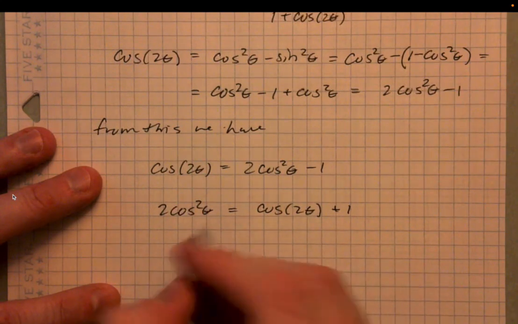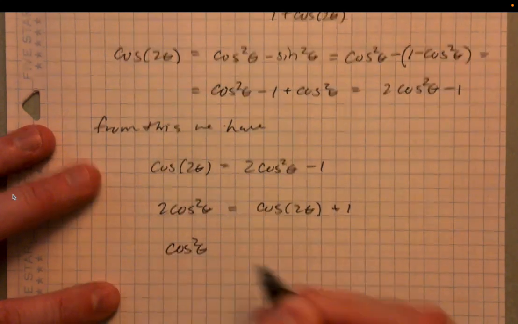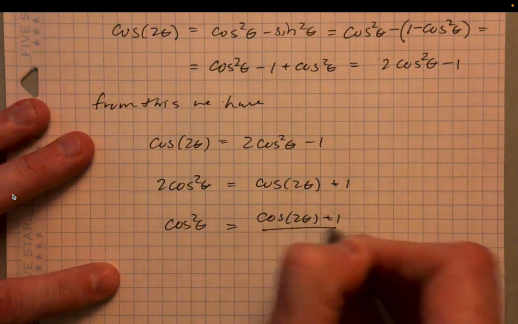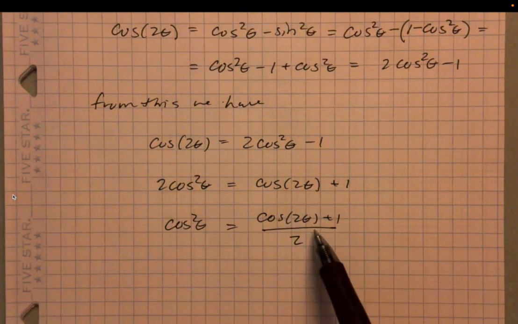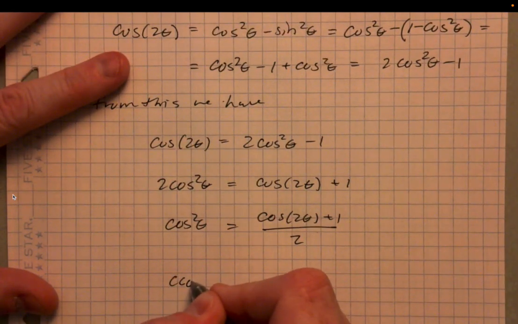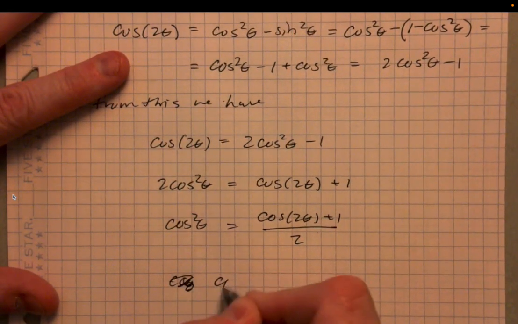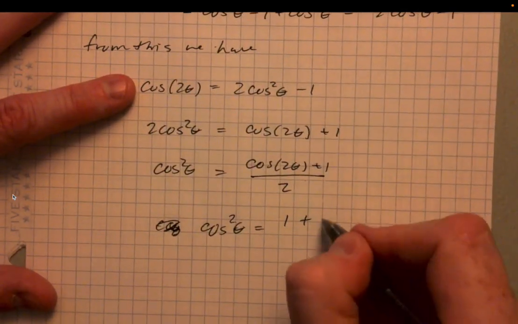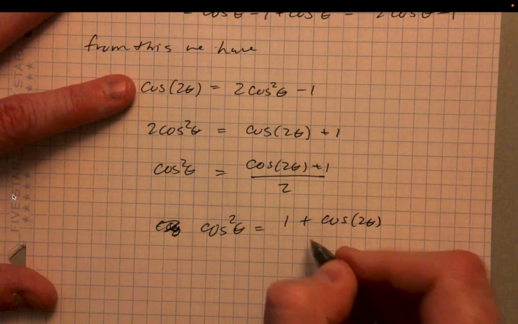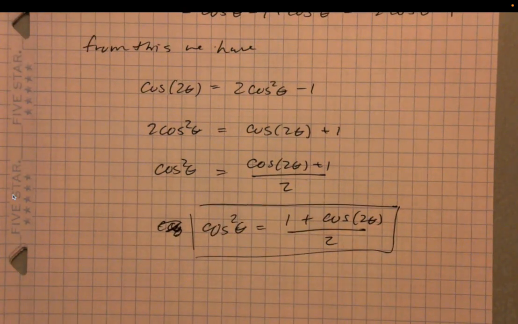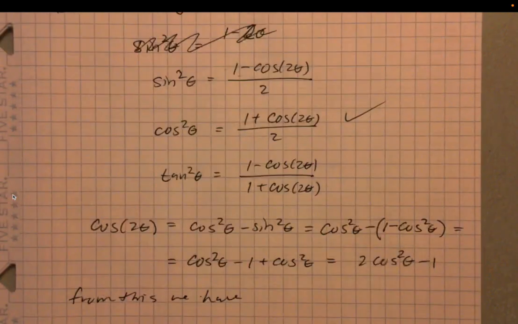And then you divide both sides by 2, and you get cos squared theta equals cos 2 theta plus 1 over 2. And technically we had this order slightly different, and so we could say cos squared theta is equal to 1 plus cos 2 theta over 2, right? So that is the form that we started with up above here.